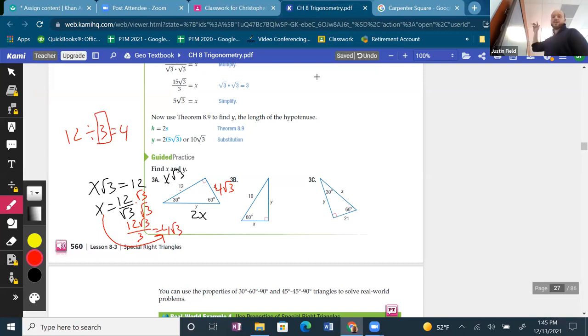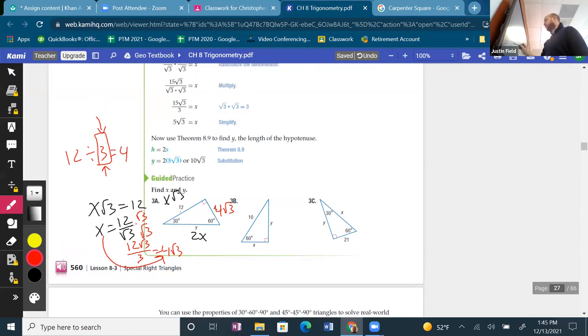So whereas in the 45, 45, 90, we divided by 2 for that shortcut, here we divided by 3. So if you have the leg, and it's like 15, then you know that there's going to be 5 root 3, and then the hypotenuse is double the short leg, so 8 root 3.